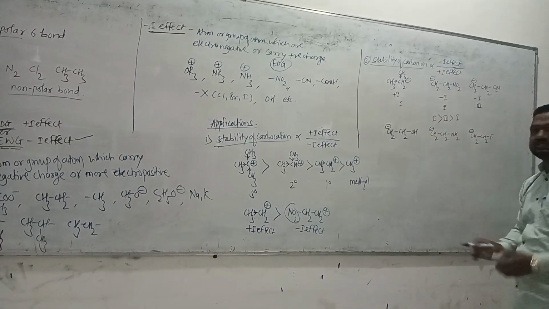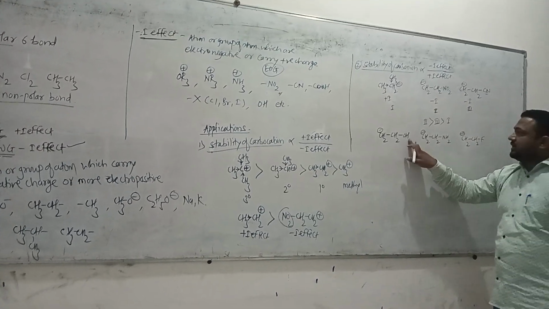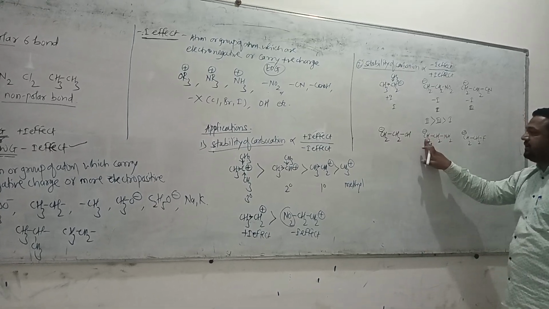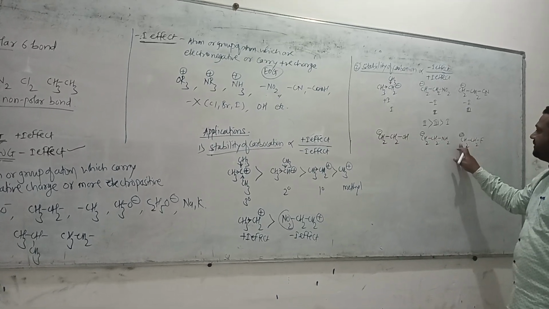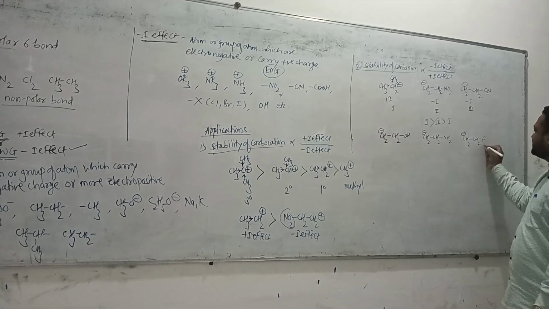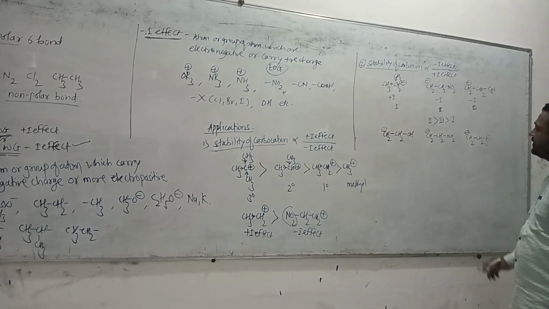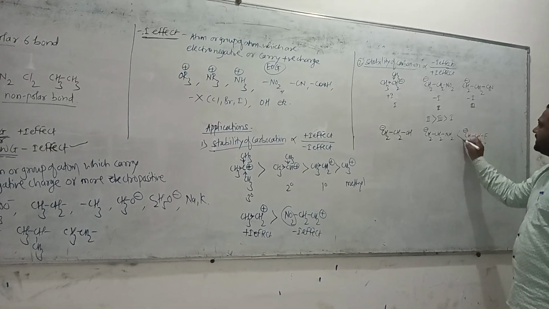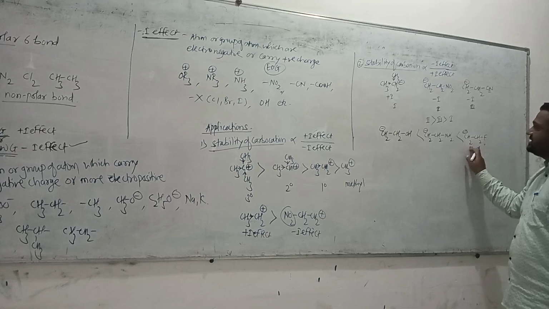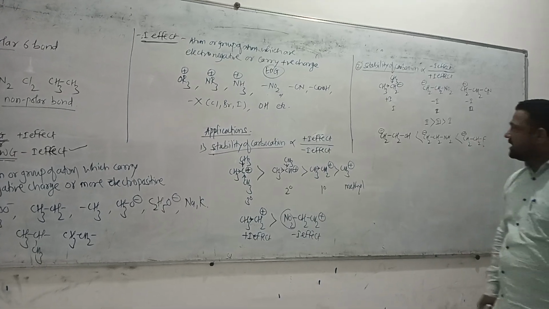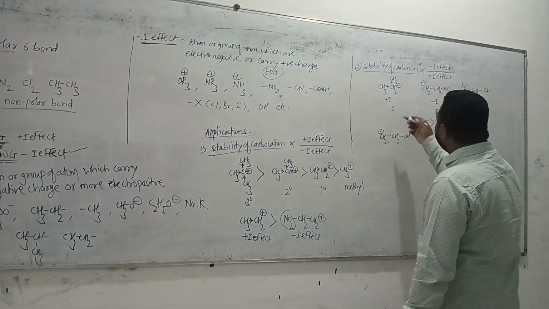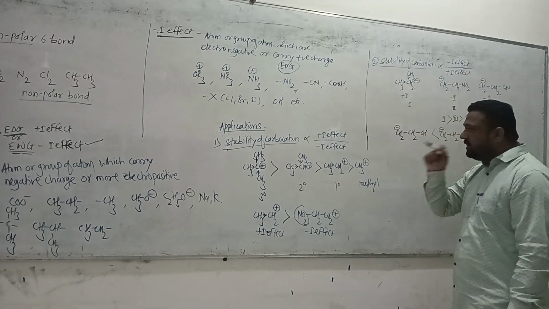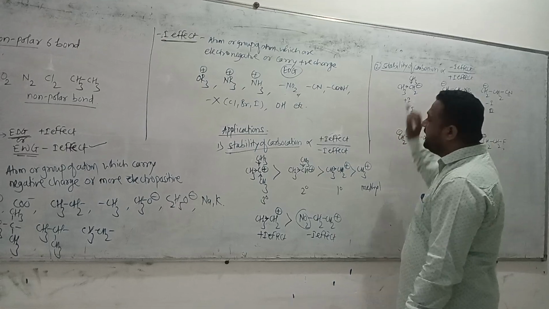In these three cases, an OH group is attached to the carbanion, an NH2 group is attached, and chlorine is attached. Chlorine is more electronegative, having more minus effect. Therefore, this carbanion is more stable. Therefore, the stability of carbanion we have to define by using inductive effect.